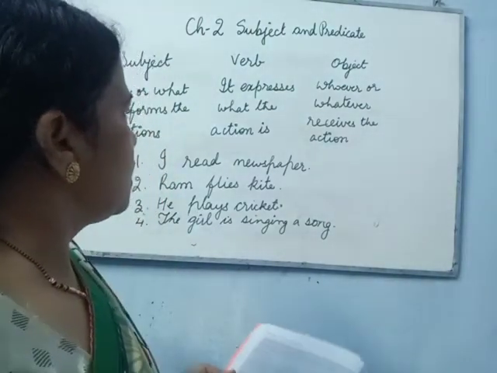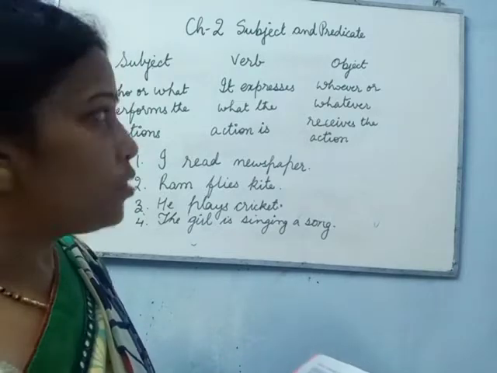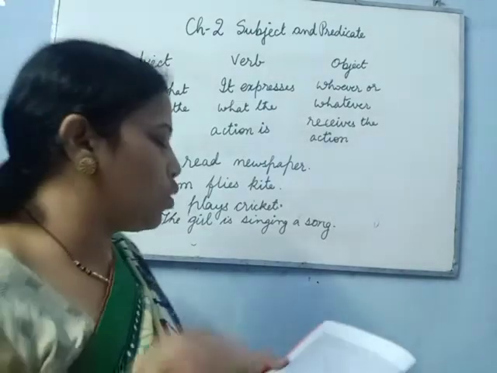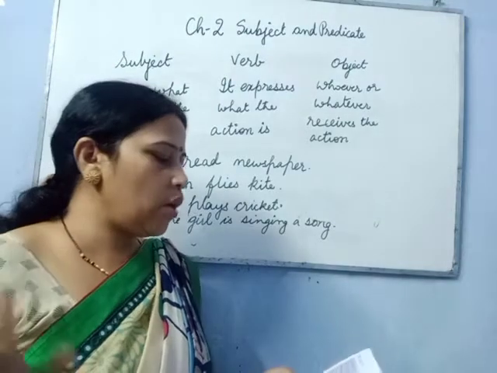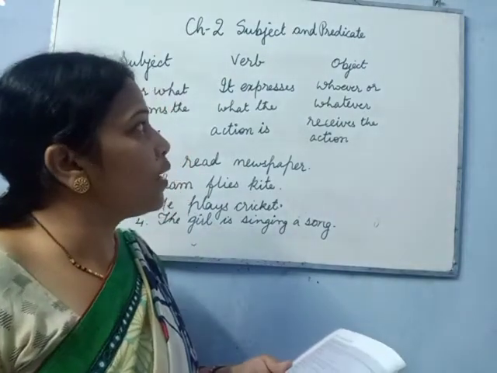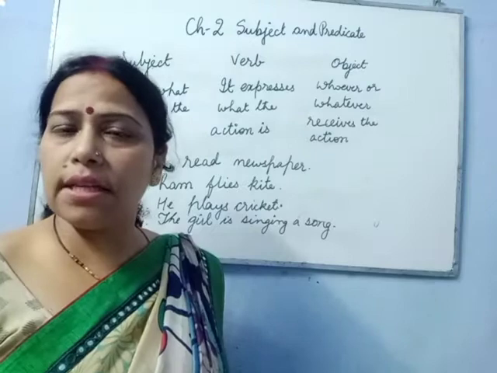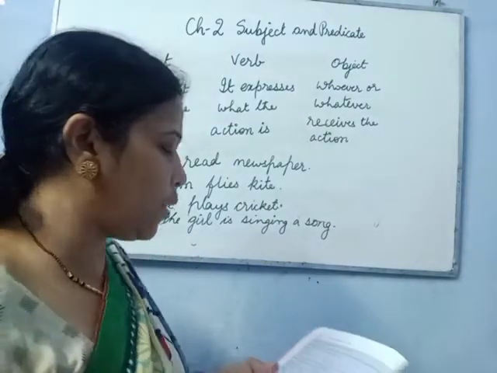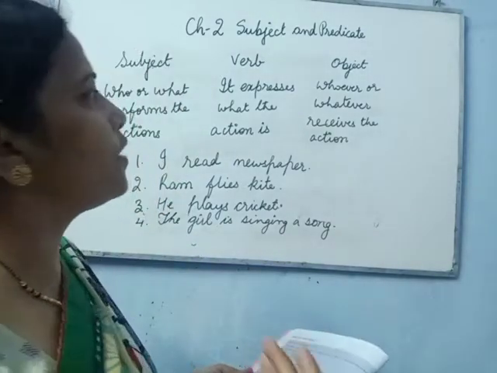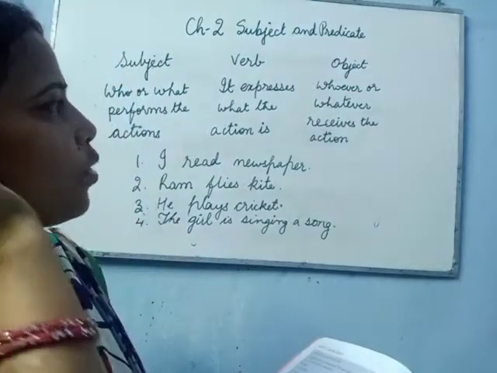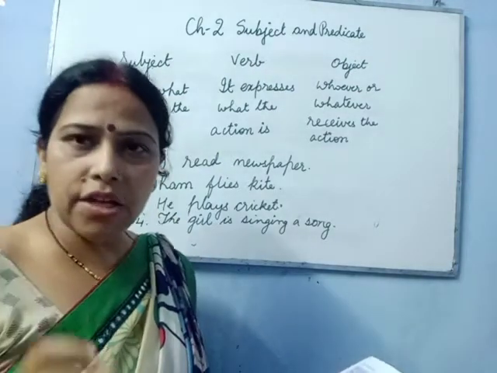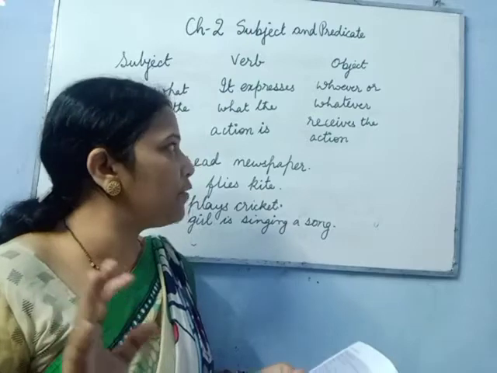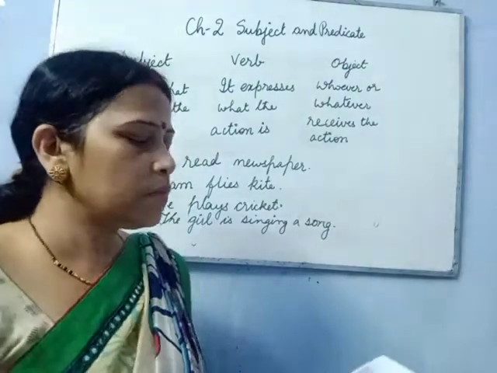Then we will know about the object. So what is an object? An object is a noun or a pronoun. Here also the object can be a noun or a pronoun, which is the receiver of the action. So whoever or whatever receives the action is the object. Now we will understand it.